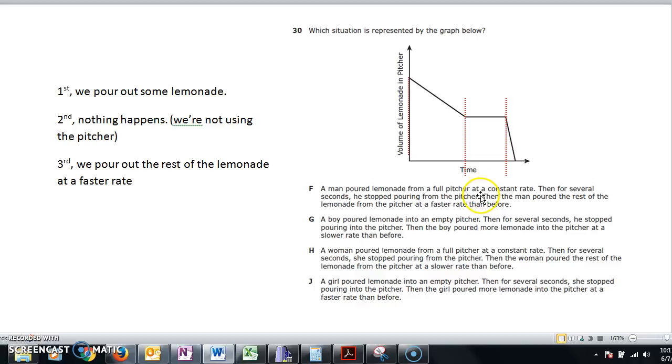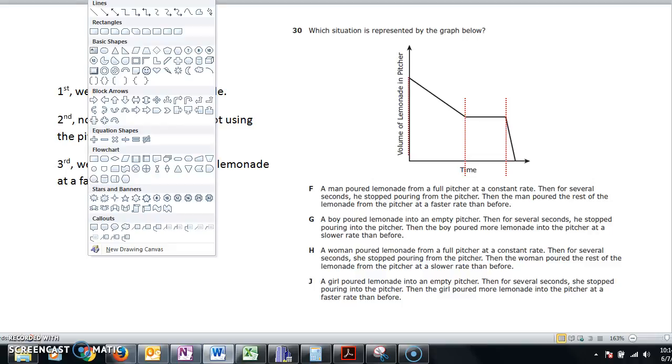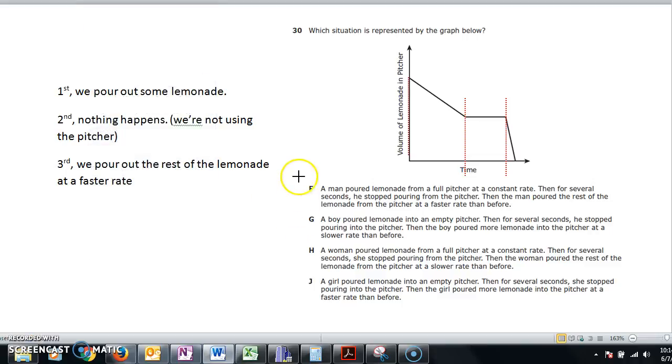That matches. Then the man poured out the rest of the lemonade from the pitcher at a faster rate than before. So the third section, the man pours out more lemonade more quickly. That matches exactly what we're looking for, so we're going to hold on to F as the right answer and then check the other ones to see how they look.